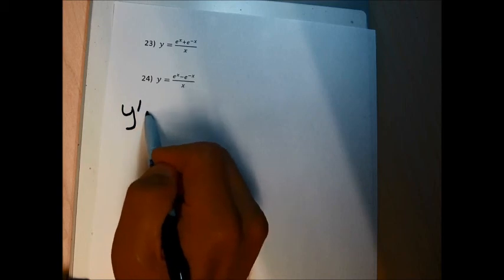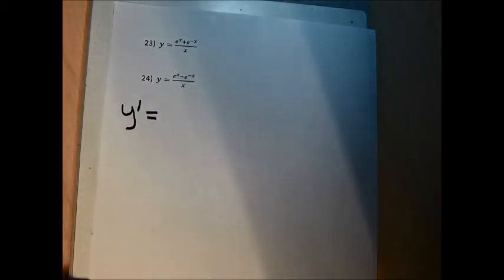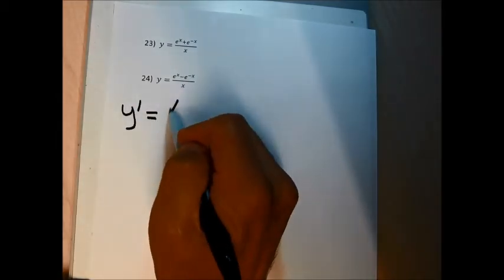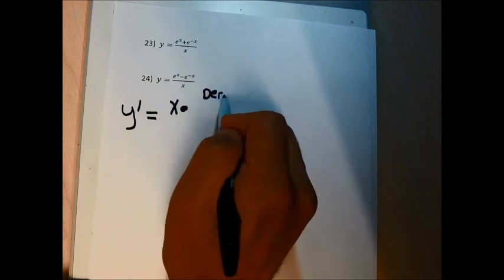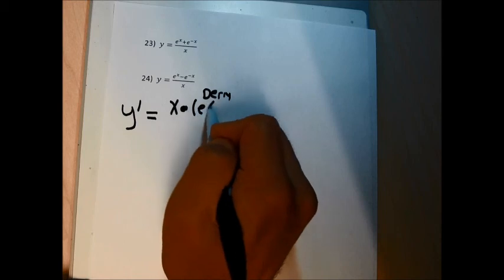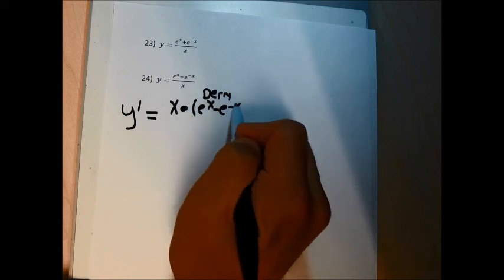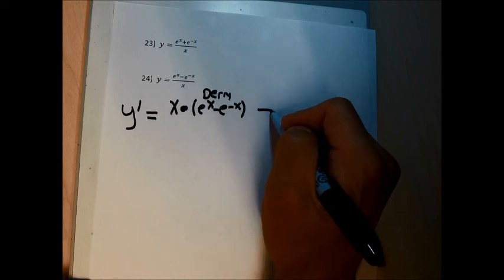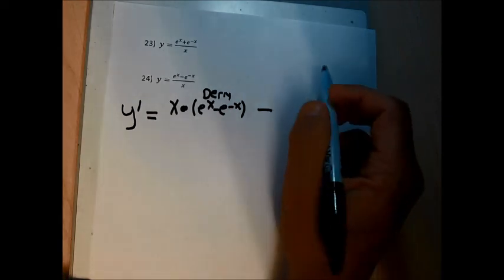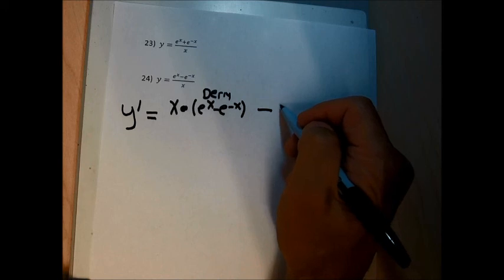So it's quotient rule because it's divide. So y prime is going to be the denominator, x, times the derivative of the numerator, so I need the derivative of e to the x minus e to the negative x, minus the numerator times the derivative of the denominator.